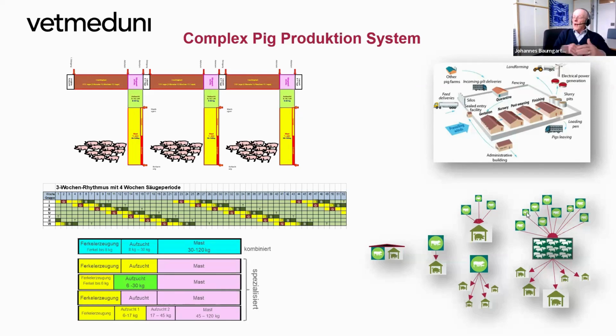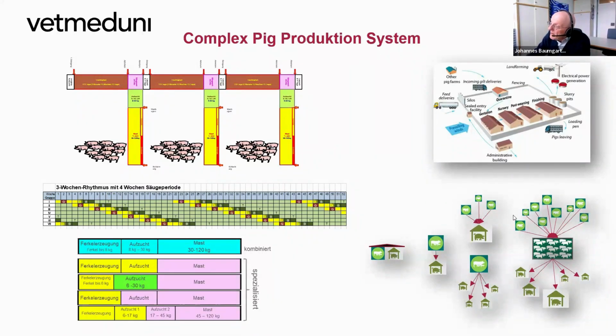And between farms, there are different ways of collaboration. On the one hand, there are farms which are combined. That means, as indicated here, they have sows producing piglets, and then they finish them to 120 kilograms, which is indicated by this symbol. Then there are farms just producing piglets, maybe up to 30 kilograms, and then transferred to a certain fattening farm.